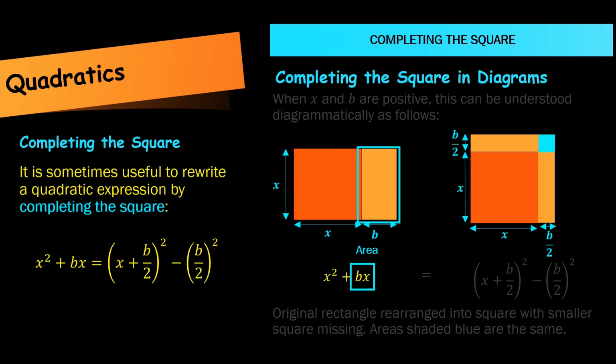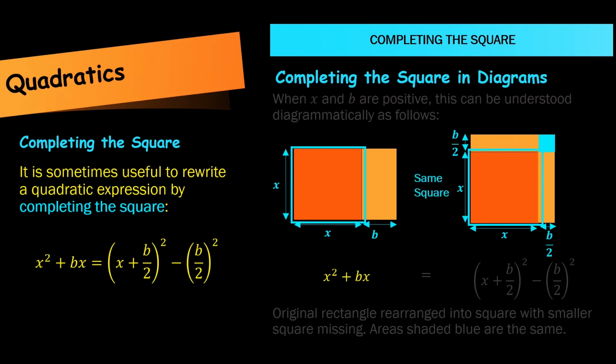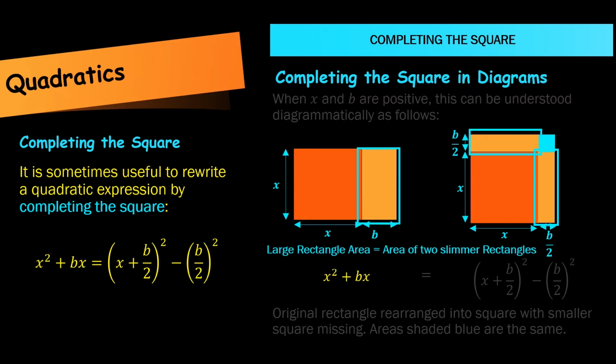Now we're going to split this b by x rectangle into two parts and position it so that it forms a square, as shown on the right-hand side. Now the shape on the right-hand side and the shape on the left-hand side can be compared. So these two areas that have been highlighted both have an area of x squared. However, the rectangle has been split.